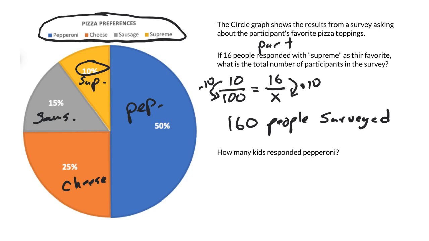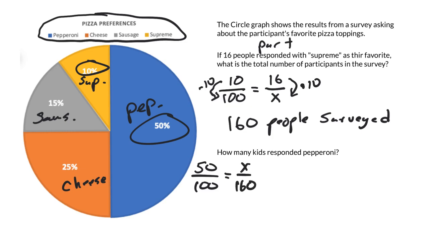So I'm going to use that number now for the next 3 examples, because now I know the whole. So how many kids responded pepperoni? Well, pepperoni is 50%. 50% is just half of the people surveyed. So you could set it up as 50 over 100 equals how many out of 160?